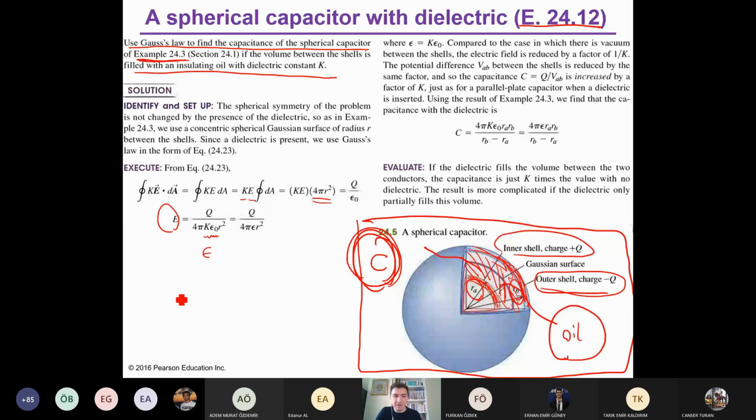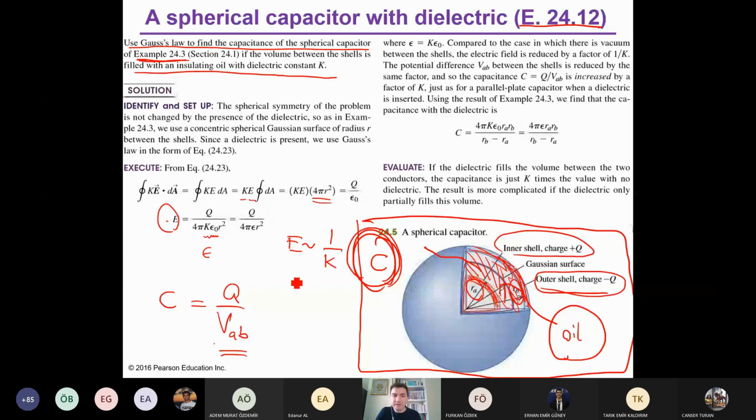And what was C? C is given with Q over VAB. In order to calculate C, I need VAB. And we know that the electric field is given with 1 over K, right? You see? And the voltage between the spheres will also be given with 1 over K, right?